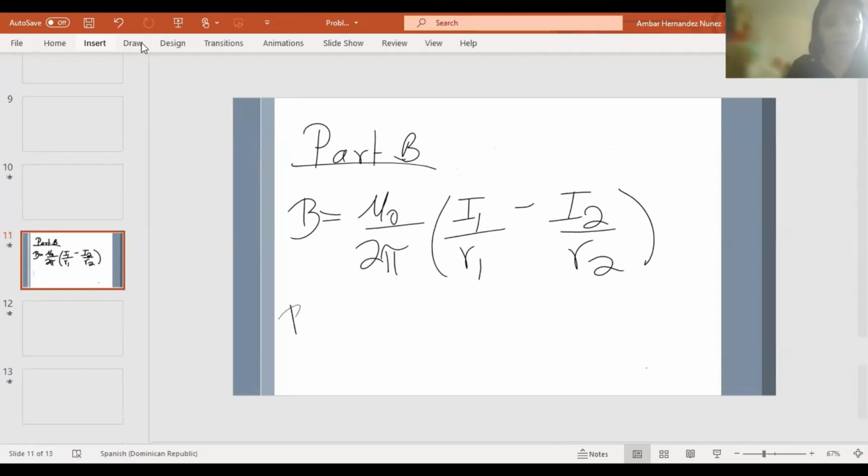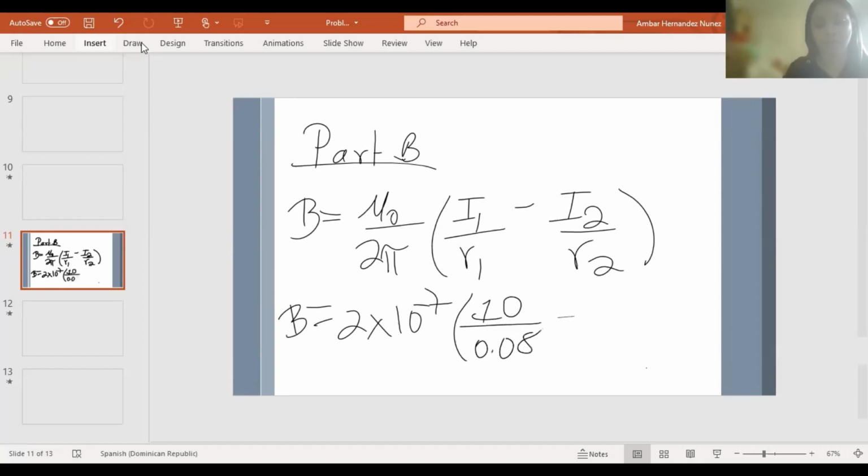So we apply our known values. We already know permeability divided by 2 pi will be 2 times 10 to the negative 7, times 10 divided by 0.08 minus 12 divided by 0.15.